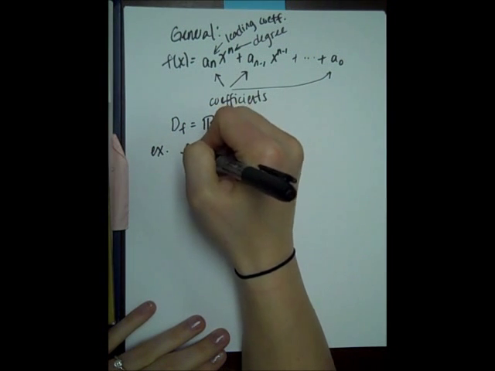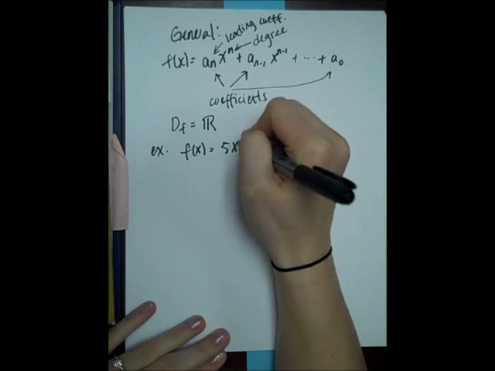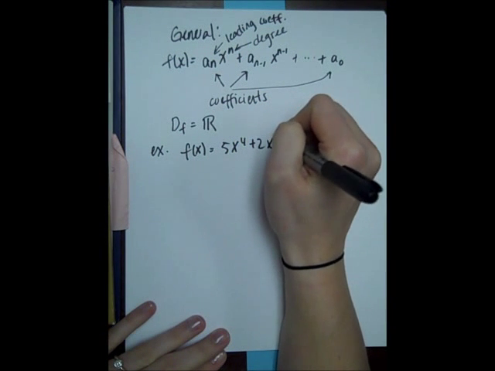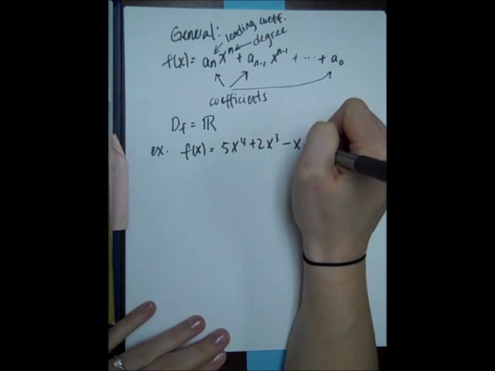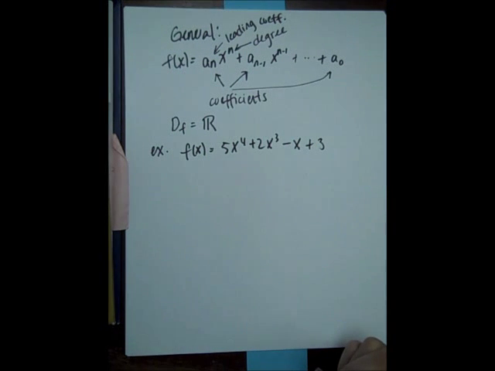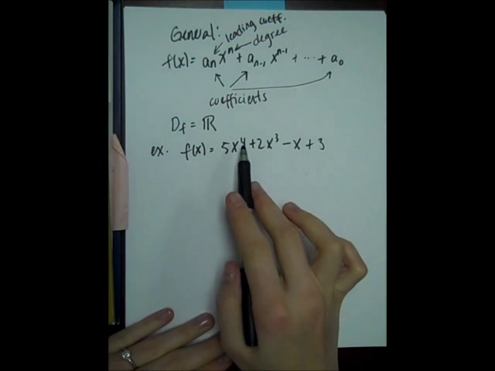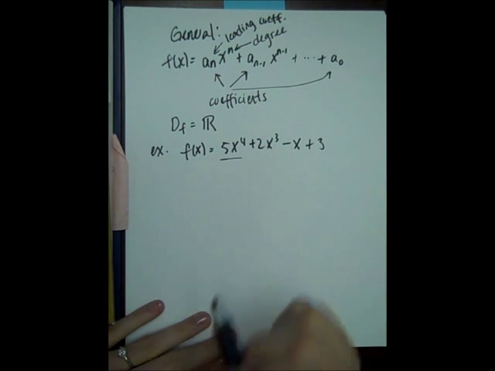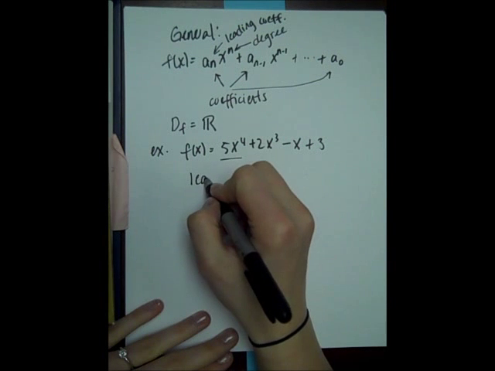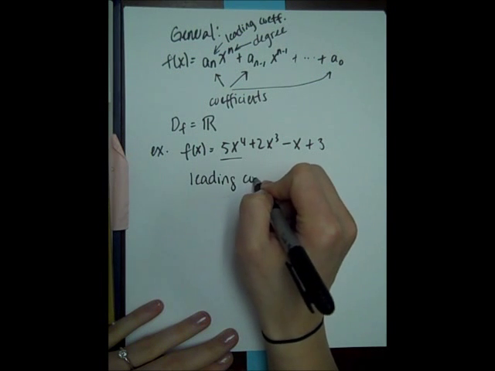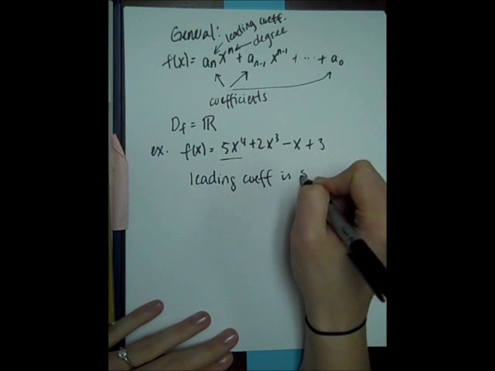If I look at the polynomial, let's say 5x to the fourth plus 2x cubed minus x plus 3. What is the leading coefficient of this polynomial? Well, let's see, the highest powered term is here. This is my highest powered term. So the leading coefficient there is 5.